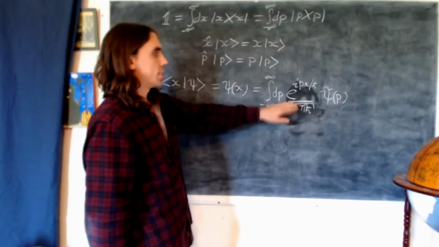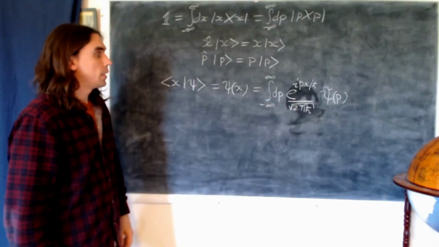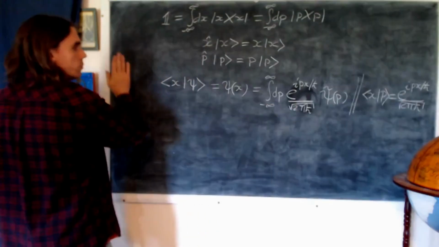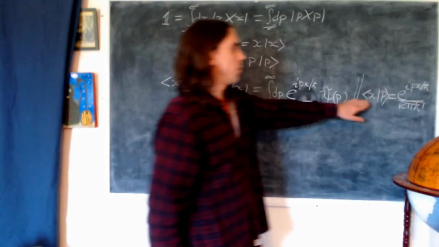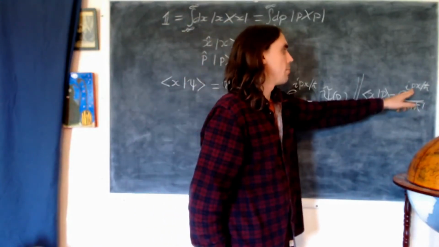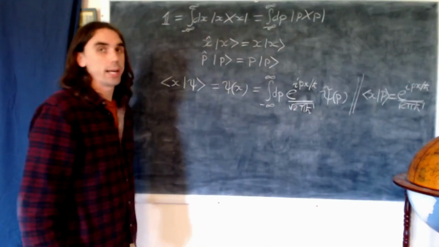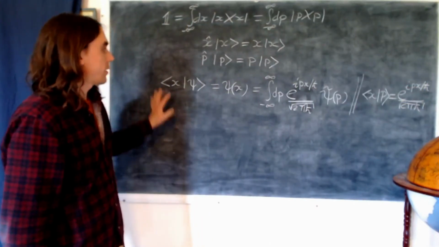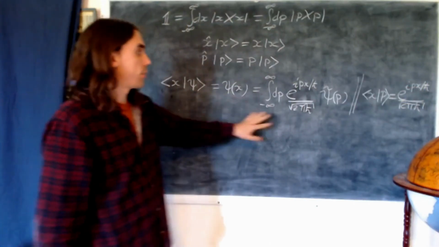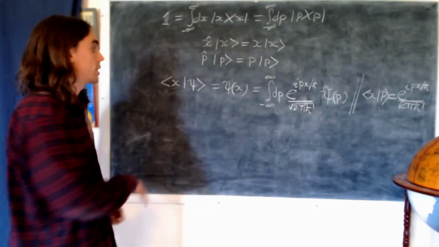If we say that <x|p> is this, then we have the usual inverse Fourier transform written here. And the Dirac notation has naturally encoded that in the following form: <x|p> is e to the ipx over h bar with a normalization of 1 over square root 2 pi h bar. The Fourier transform itself works just as well.